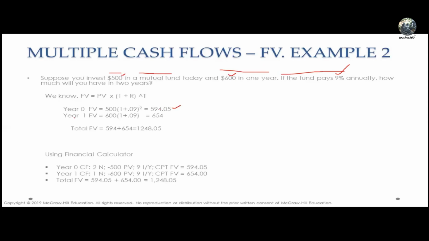Similarly, in year 1, your invested amount is $600, and you have only 1 year remaining. So 600 times 1 plus 0.09 to the power 1 is equal to 654. Altogether, your future value is $1,248.05.